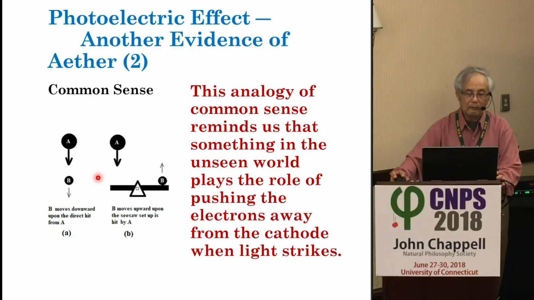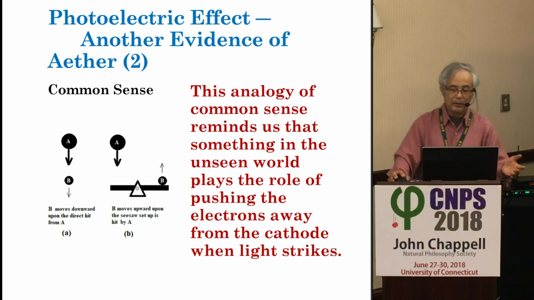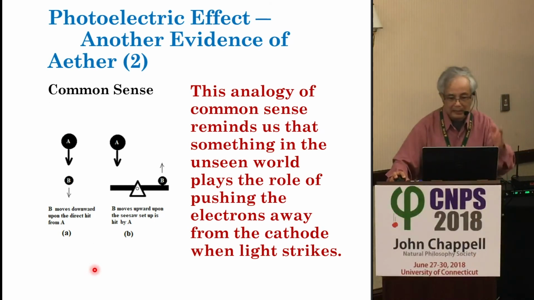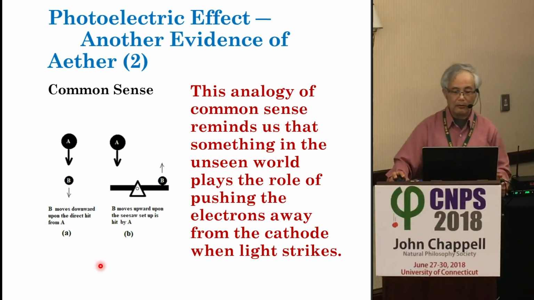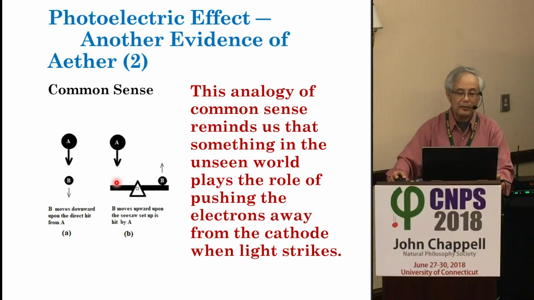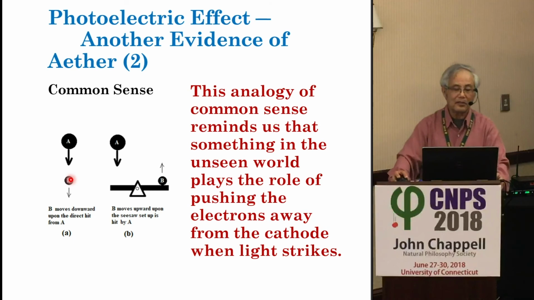Okay, to explain what I mean about the mechanism of reverse direction, I just use this simple analogy here. If B is hit by A, the only way for it is to go this direction.